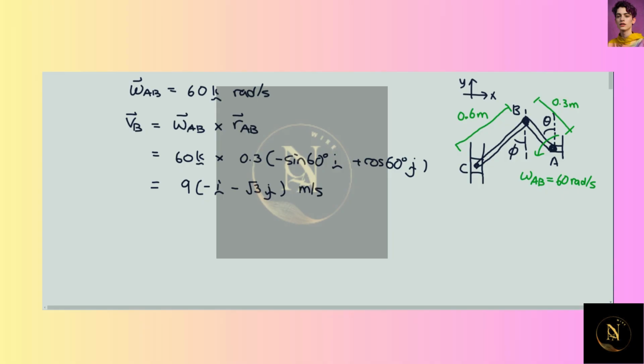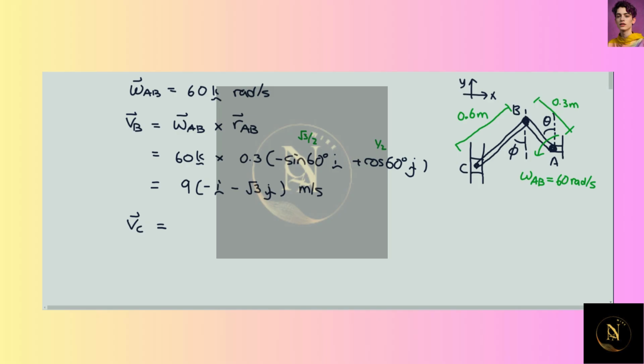This is because sine 60 is square root 3 over 2, and cosine 60 is half. Then k cross i gives j, with a minus sign so minus j, and k cross j is minus i. Then the next thing is we use the relative velocity equation.